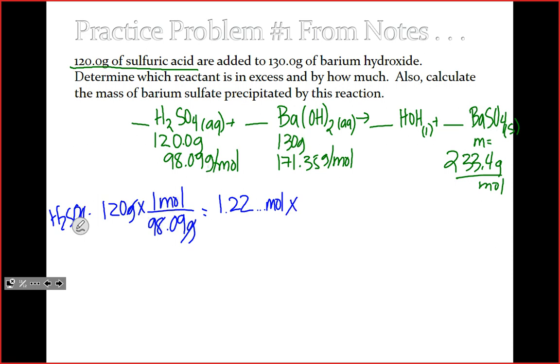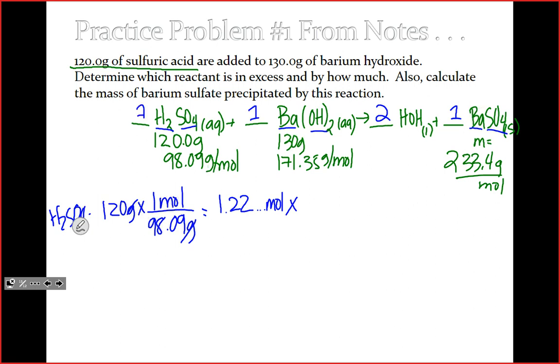Times, oh, I didn't balance it. That's shameful. Let's just balance this really quick. I have 2 hydrogens here and 2 hydroxides, so that's going to have to be a 2 here. And 1 barium, 1 barium, 1 sulfate, 1 sulfate, 1, 1, 1.